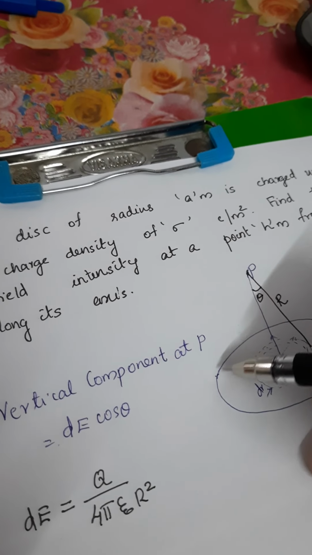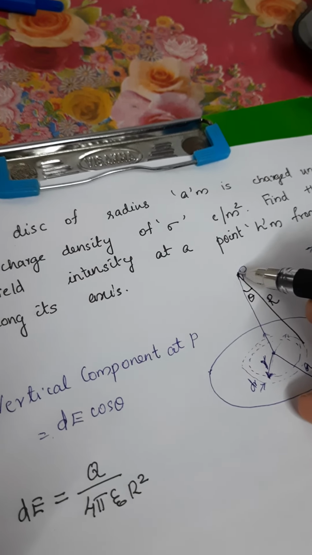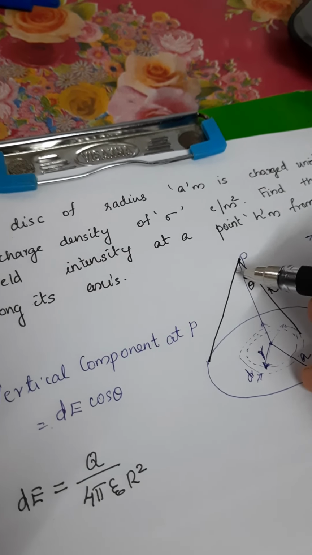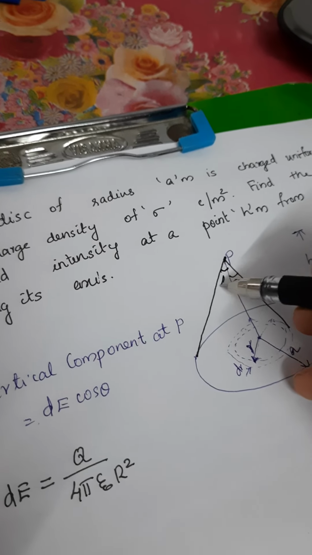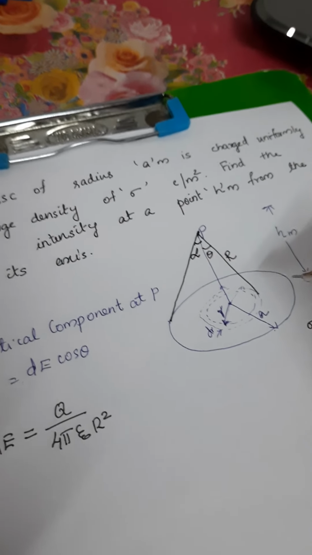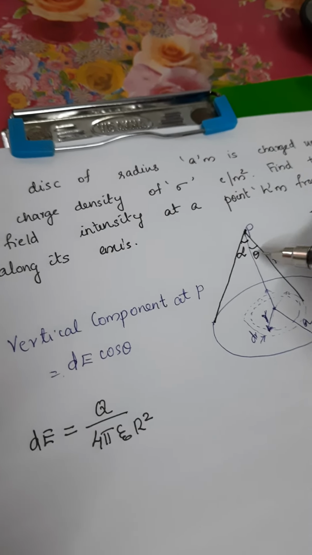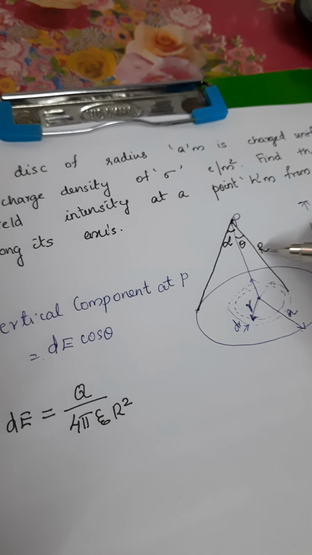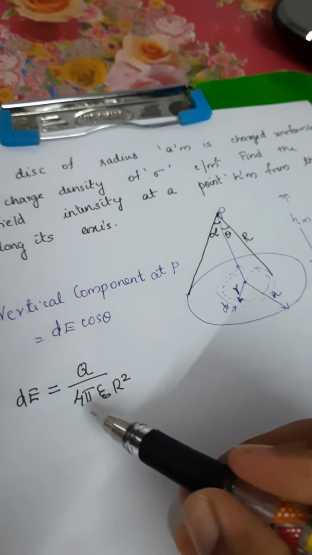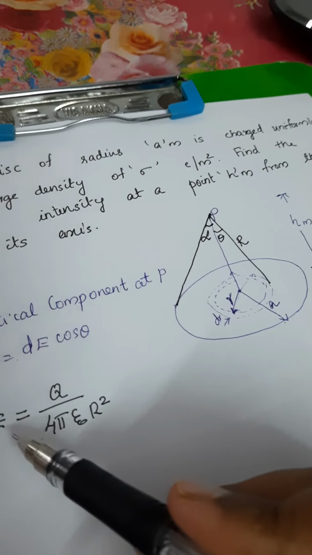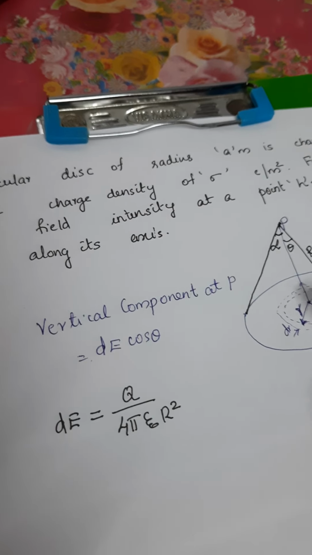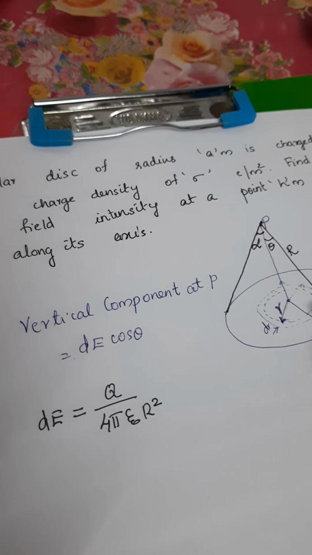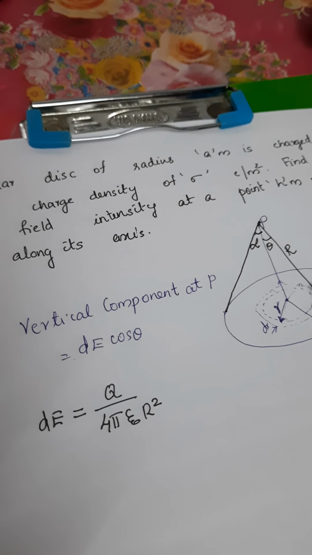Now we have to find the field from this point due to the whole circular disc. So this angle we can take as alpha. We are considering that the distance from this point to this small ring is the radius r. In this equation we have to find the electric field intensity dE at this point P due to this small ring, so the distance is r.